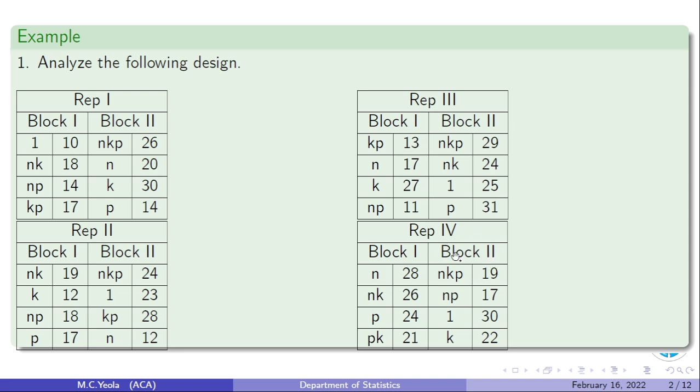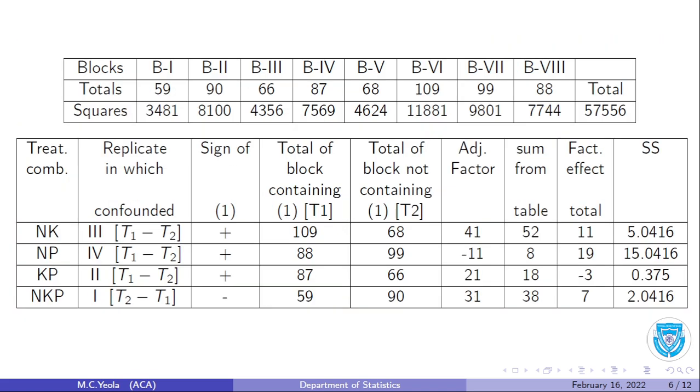The total of the 8th block, that is 88, is T1, and the total of the 7th block is T2 for this corresponding treatment combination. In such a way we have obtained all these values. Okay, T1 and T2 we have obtained. Then here we have to obtain the adjustment factor.